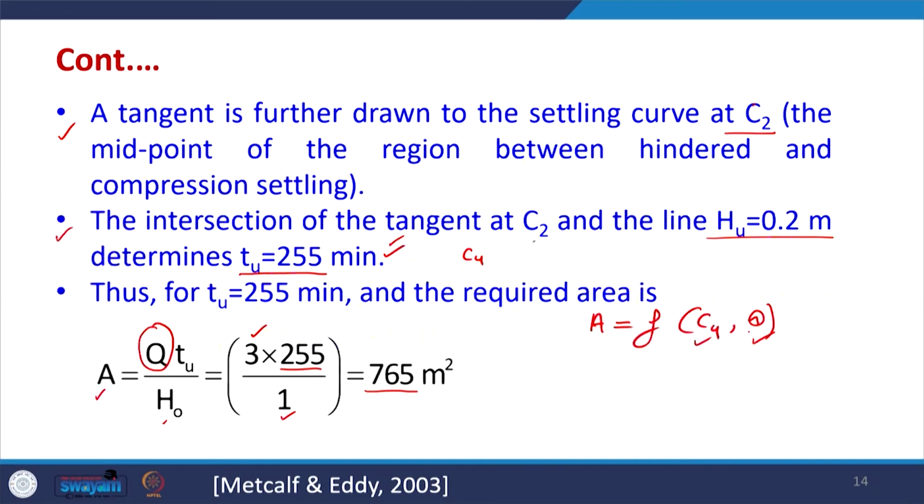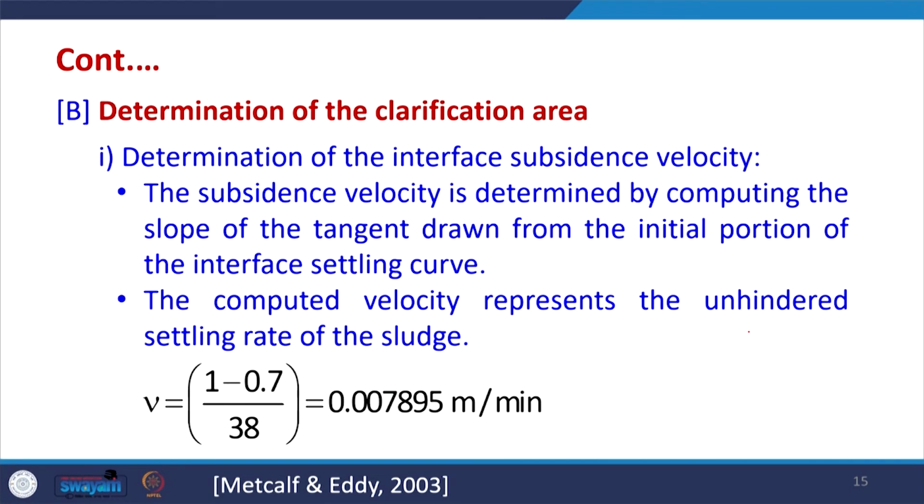Now, we can find out the clarification area also using the approach given here. What we do is try to find the interface subsidence velocity, that is, how the interface is getting decreased.